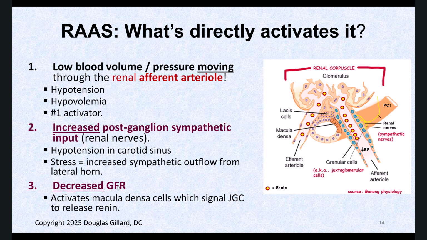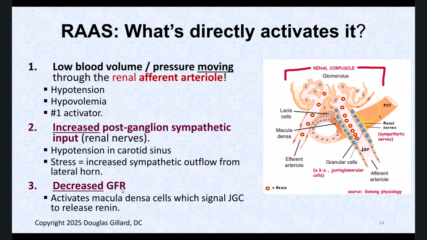If you get a decrease in GFR, that is going to activate macula densa cells. Now we can see macula densa cells here. This is the end of the thick ascending limb of Henle here. And if they sense decreased sodium chloride, which happens if you decrease the GFR, remember the proximal convoluted tubule cells pick.